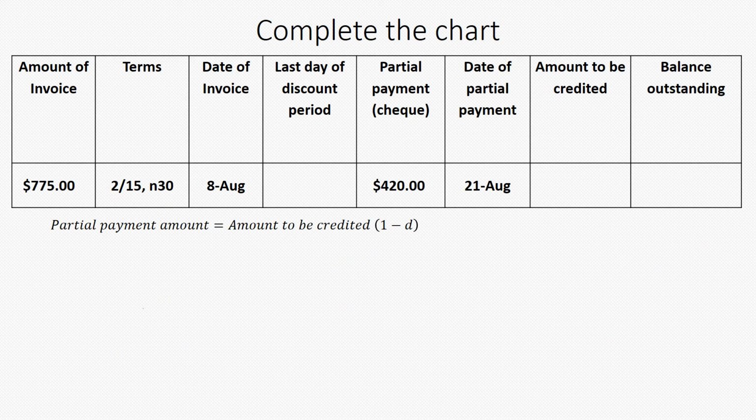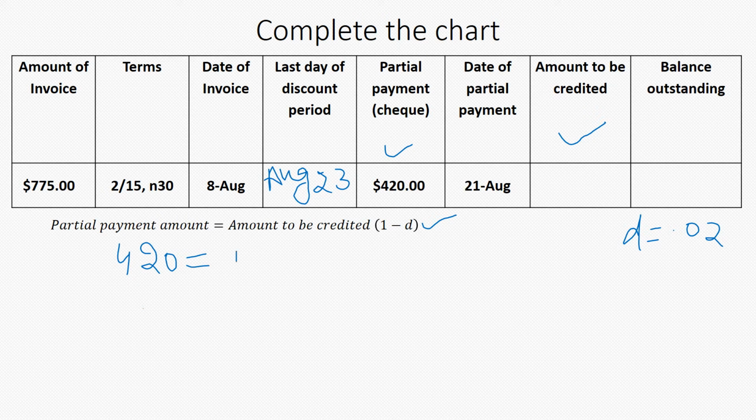Okay, so this is August 23rd. Now to calculate amount to be credited, we'll use this formula, right? Because we have D. Now D is 0.02. Using that value, let's plug in here. So partial payment amount is 420 equals amount to be credited times 1 minus D, 1 minus 0.02, right?